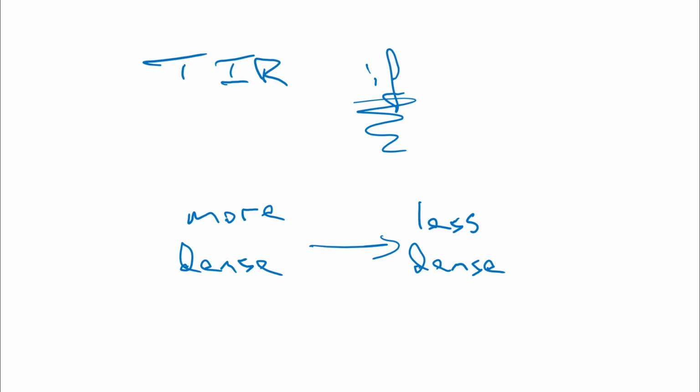However, this part E has actually flipped the script. It's now saying when the light is traveling from water into glass. So we're actually going from a less dense medium into a more dense medium, and we don't get total internal reflection when that happens. Now, the reason we don't get total internal reflection when traveling from less dense to more dense, let's just have a quick sketch of that.